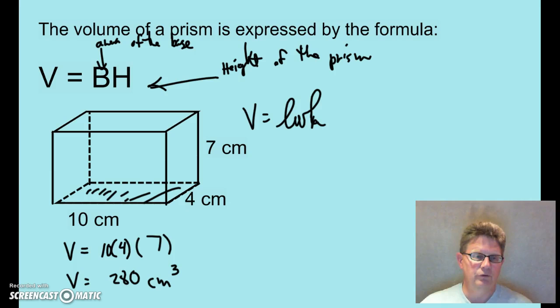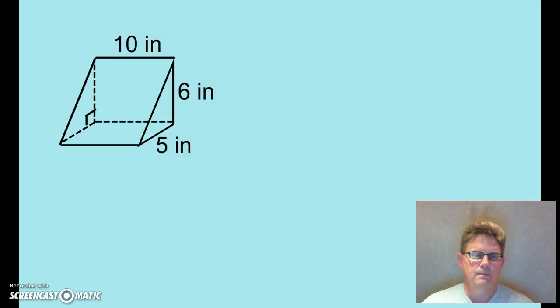Let's look at another prism. Okay, this is a triangular prism. Notice that both bases right here are triangles. So the volume equals area of the base times the height of the prism. Okay, that base is a triangle, so B is going to turn into 1/2.